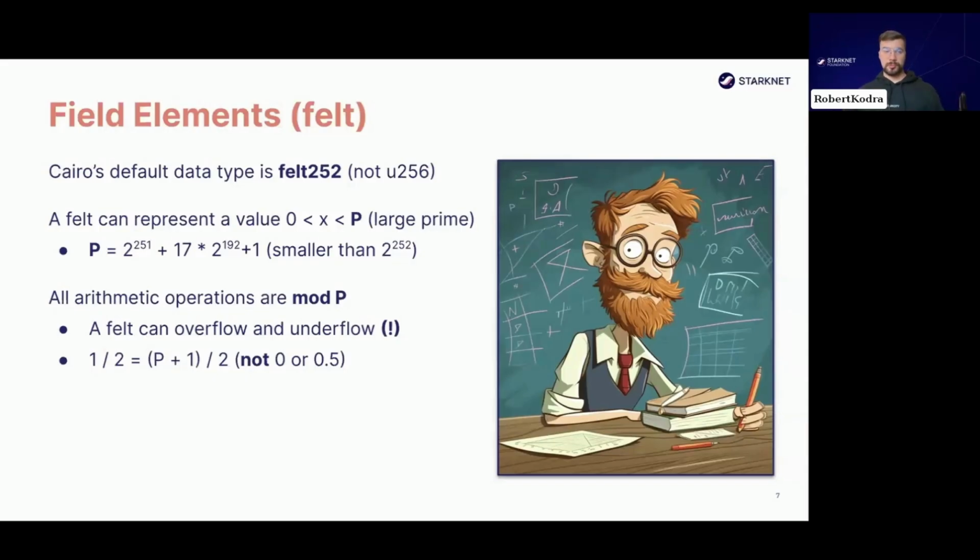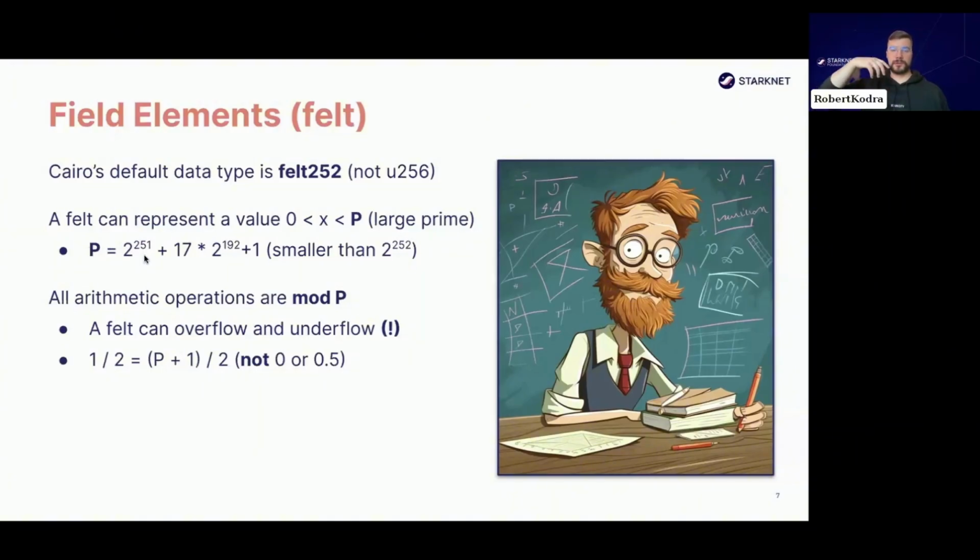Now, another interesting property is that all arithmetic operations are modulo P, which means that a felt can overflow and underflow. So if you do arithmetic operations such as addition, multiplication, or subtraction, for example, if in your contract you have this large prime number P stored and you add 1 to it, it will overflow, wrap around and start from 0, represented as modulo P. The same goes for underflow.